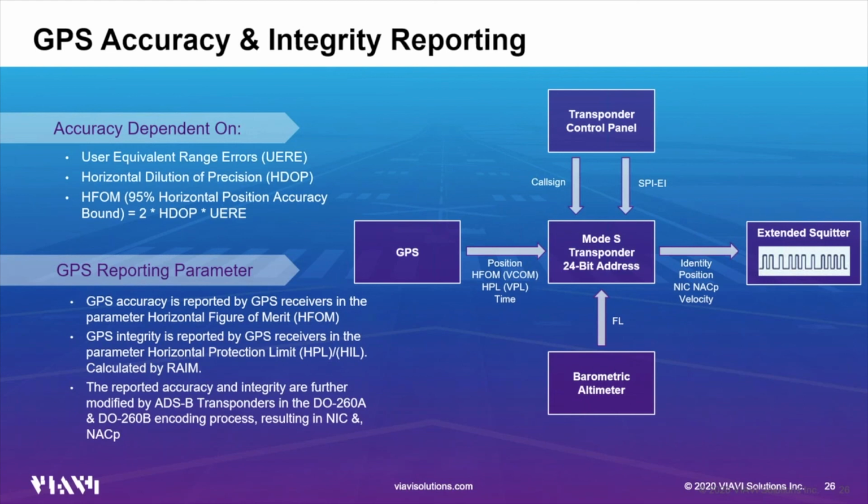So it's important to be aware of all of these things when you're testing your transponder to ensure that your GPS accuracy and integrity is reported correctly. And the use of a GPS simulator is the best way to do this because you can have control over all of these parameters that are going into your transponder so that you know exactly what they are and you should know exactly what they should be when they come out of the transponder.